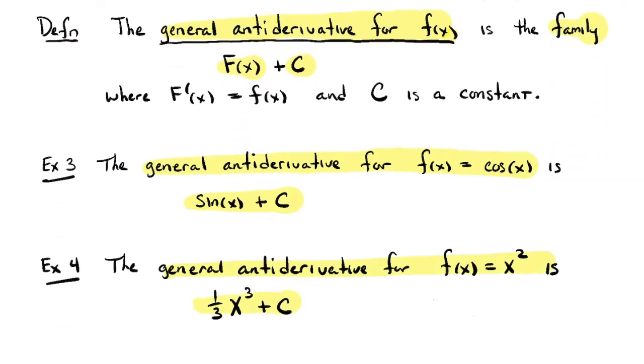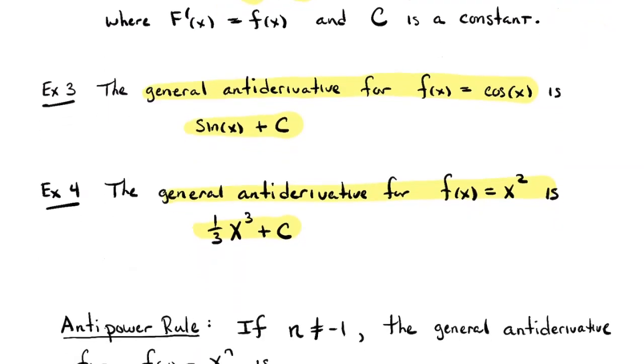C is an arbitrary constant. Any antiderivative of the squaring function has this form for some number c. All right, so a particular antiderivative is just a function that has the derivative little f. The general antiderivative is a particular antiderivative plus an arbitrary constant. Okay, so some vocab to get down.